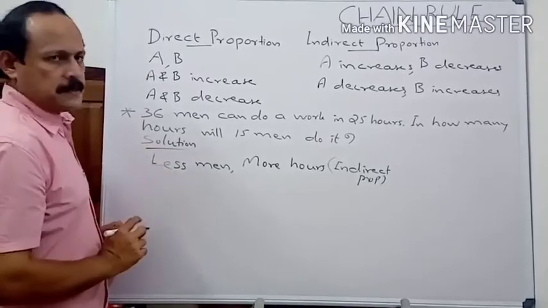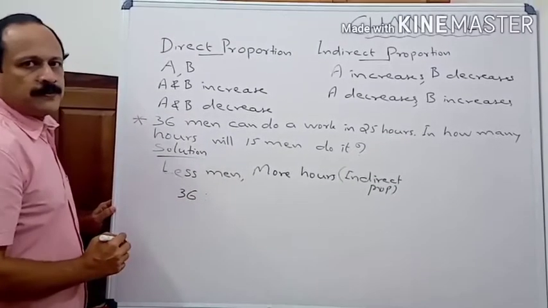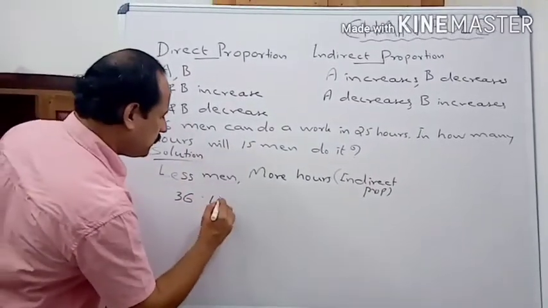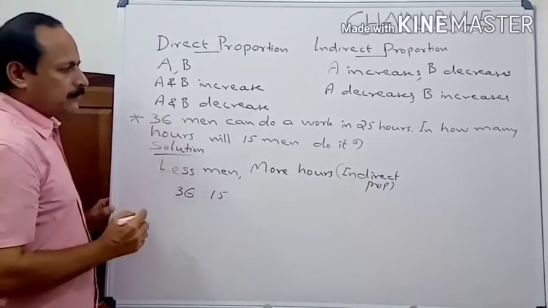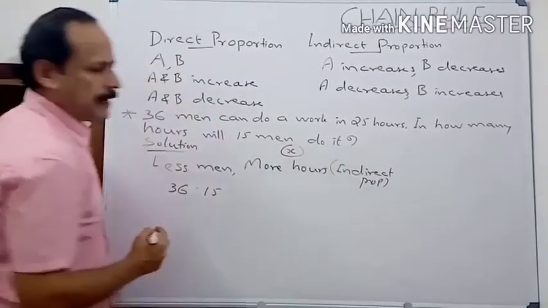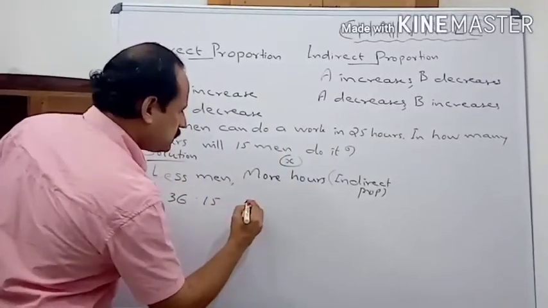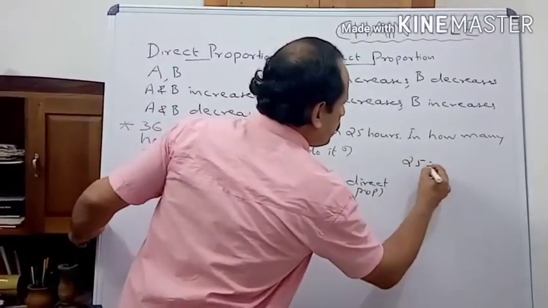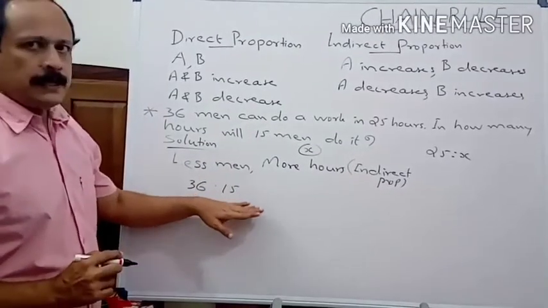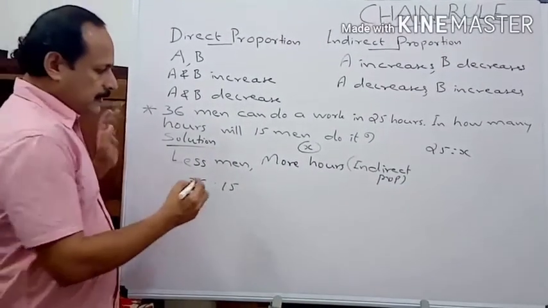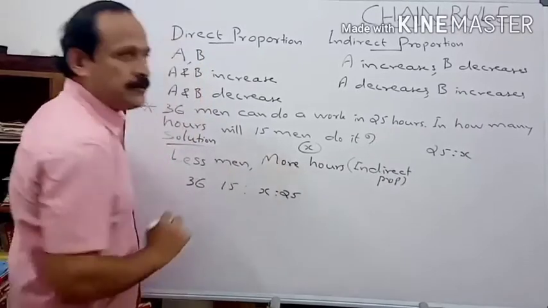And next step is like this: you write the ratio of number of men, 36 is to 15. And you assume that the required number of hours is X. The answer is X. Therefore, the ratio of number of hours is 25 is to X. But in this step, we write like this: X is to 25.